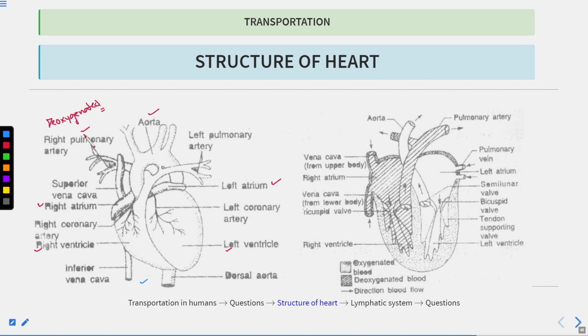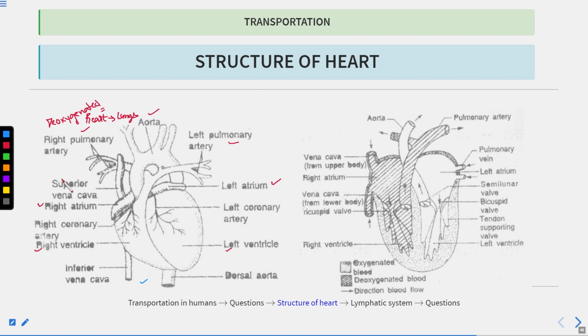It carries blood from the heart towards the lungs. In the lungs, exchange of gases takes place. Here is the left pulmonary artery.